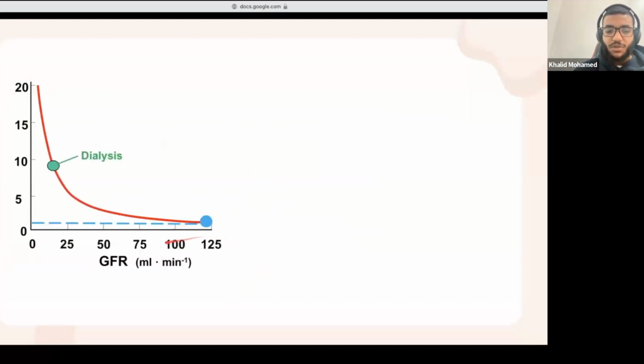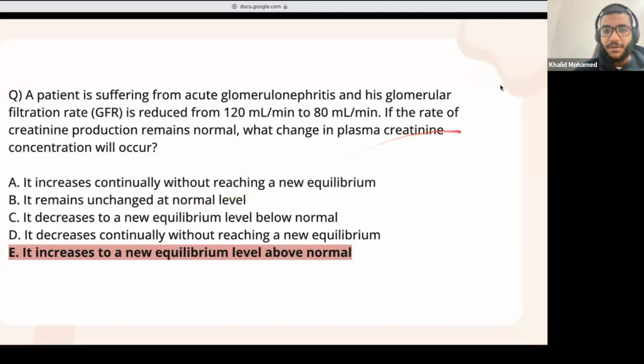So if we're at 120, for example, we'll be at a low plasma creatinine. If that drops to 80, we'll be at a higher level, 2 or 3. That's also an equilibrium. It's going to be constant, but above normal. Okay, is that concept clear? So that's why A is wrong. They will reach a new equilibrium since GFR is now constant at 80. Is that clear to everyone?